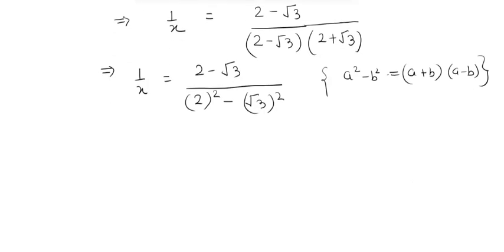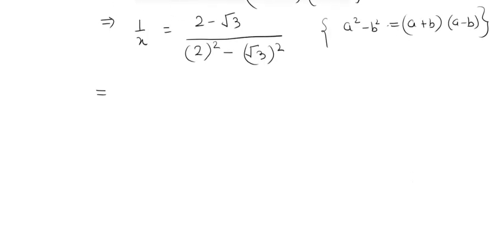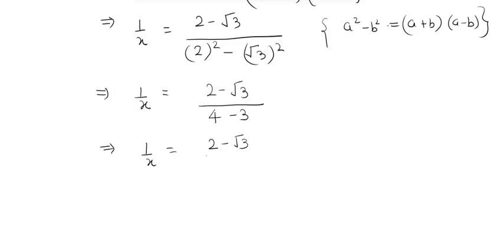Okay. Now here 1 by x is equal to 2 minus square root 3 divided by 2 square 4 minus root 3 square 3. So we will get 1 by x is equal to 2 minus square root 3 divided by 1. So 1 by x is equal to 2 minus square root 3.